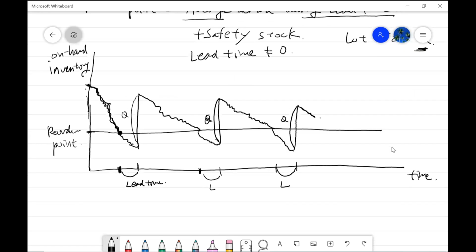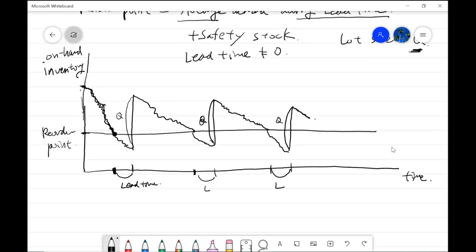So let me mention this first before I move to the next one. That is, what happens to the time between orders under this continuous review system? Let's say this is time between order 1, first one, time between order 2, and time between order 3.